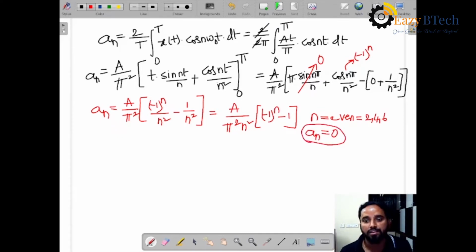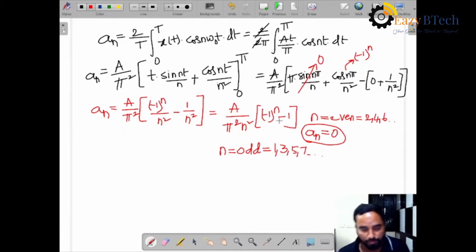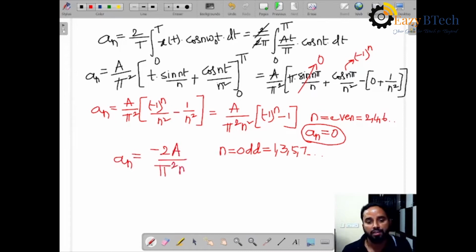Similarly, if n is odd, like 1, 3, 5, 7 and so on, minus 1 power 1 is minus 1, minus 1, so the bracket is minus 2. And minus 1 power 3 is also minus 1, so again the bracket is minus 2. So finally, if n is odd, the a_n value becomes minus 2a by pi square n square. So this is about a_n.